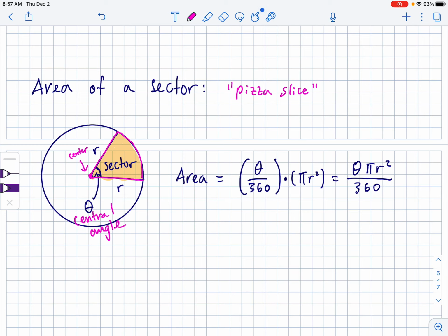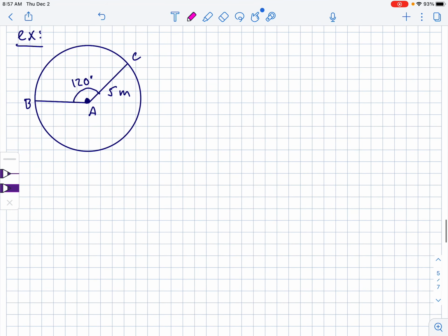It's the central angle divided by 360, which makes sense because it's like whatever your pizza slice is out of the total circle being 360, and then you multiply it by the area of a circle. The cleaned up version of this formula is theta pi r squared over 360.